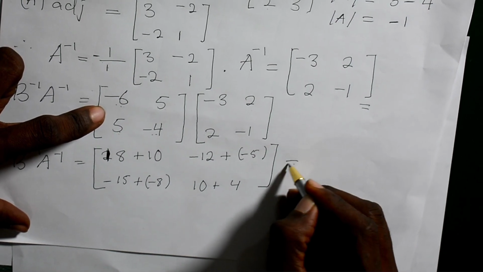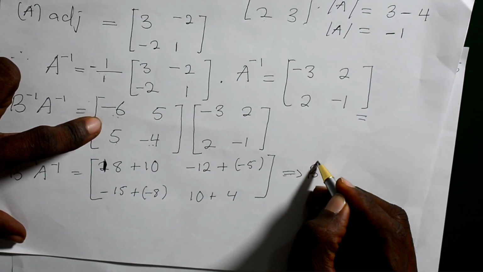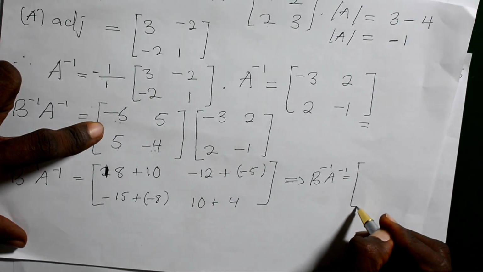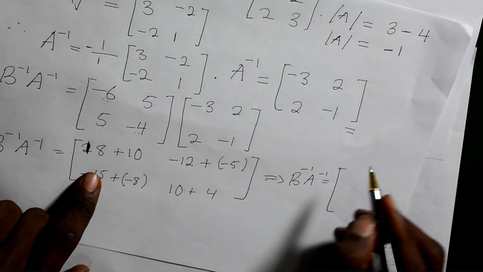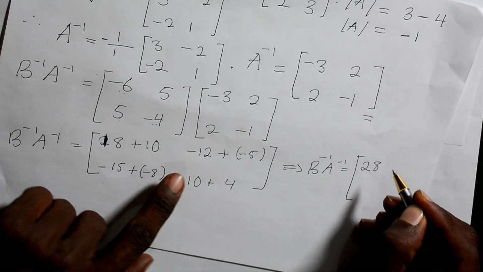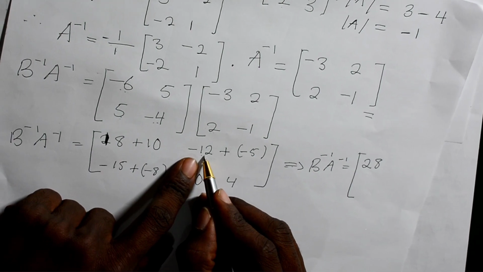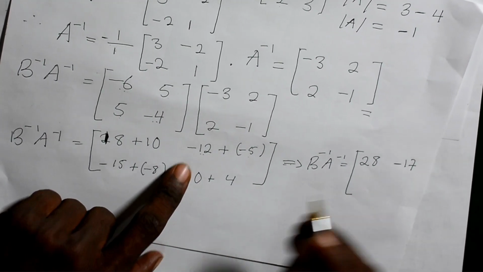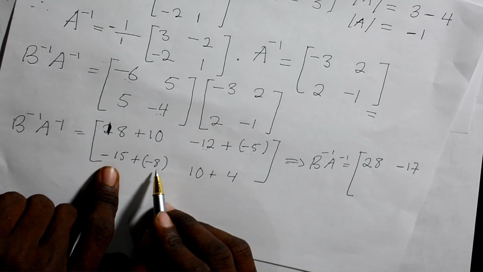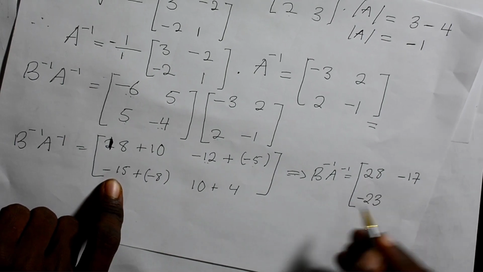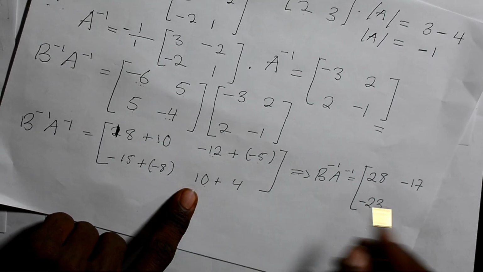So now this implies that B inverse A inverse is equal to a matrix of 18 plus 10, that is 28. Then minus 12 plus minus 5, that is minus 17. Minus 15 plus minus 8, minus 23. Then 10 plus 4 is 14.